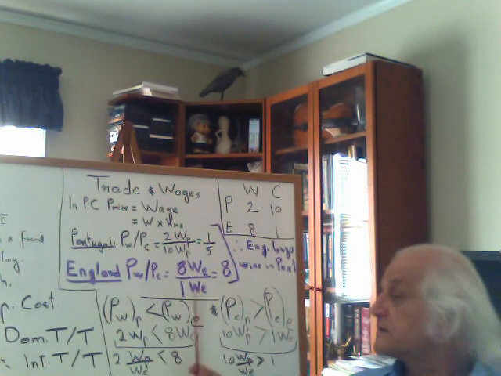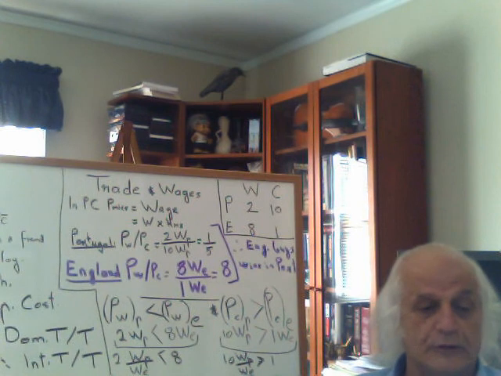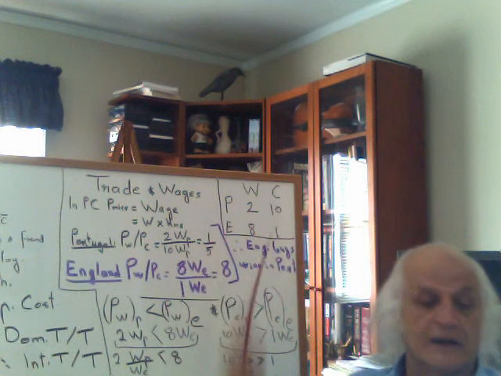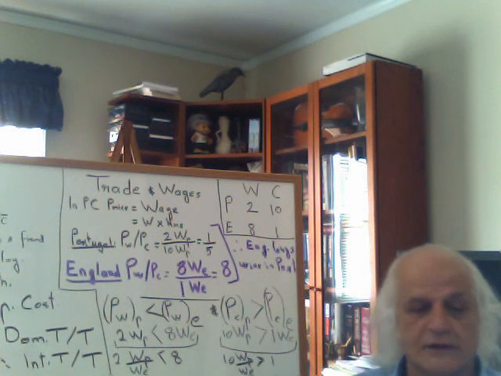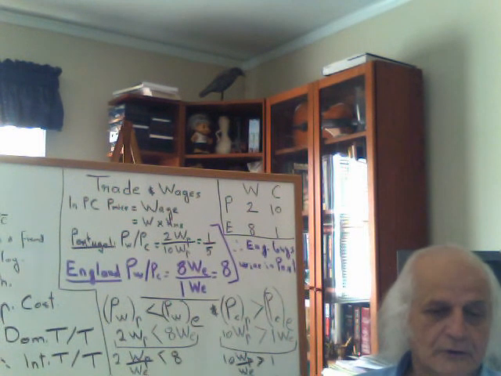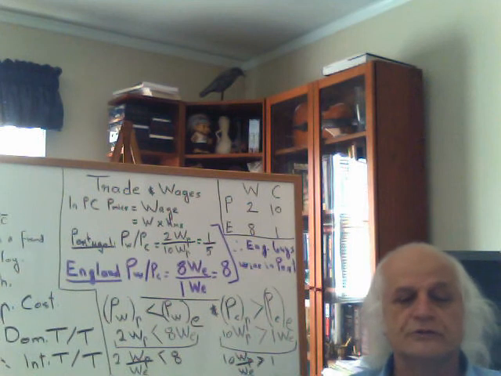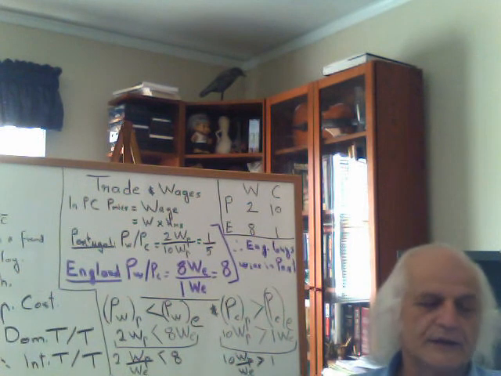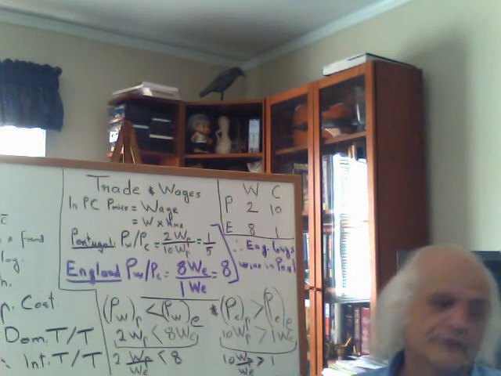But the easiest thing is not to worry about the exchange rate between the currencies and assume that it's 1-to-1. I mean, assume that you're talking about the United States and Canada and that the US dollar is exactly equal to a Canadian dollar. Or say, for the sake of the argument, that a euro is equal to a dollar. So that in that case, you don't have to worry about the rates of exchange.